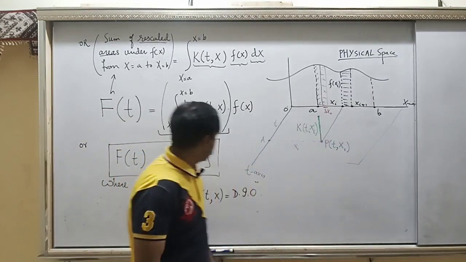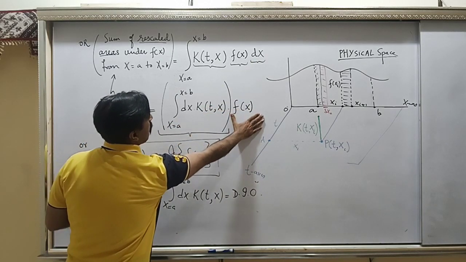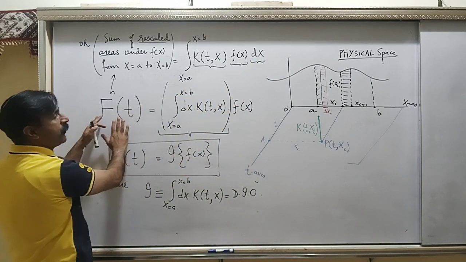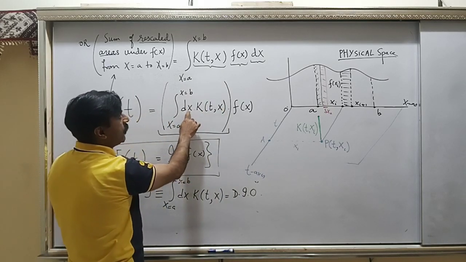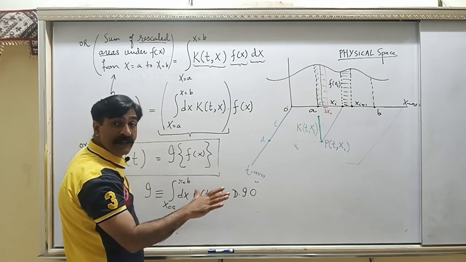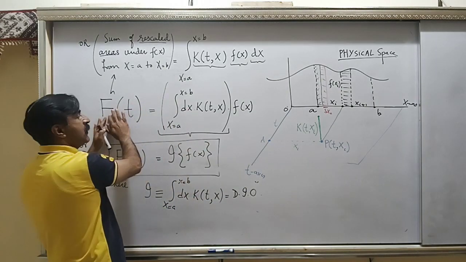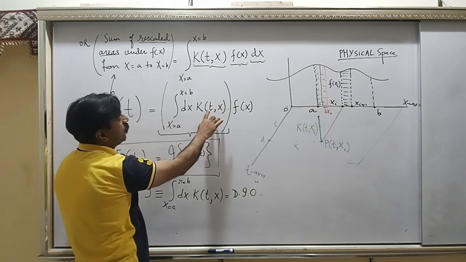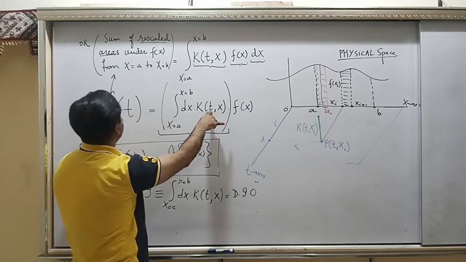This is the definite integral operator which is acting on f(x), and it is giving you a new function. Remember, there is an integration over x. The variable which is integrated in a definite integral vanishes in the final result. So there will be no x on the left hand side. So what you will have on the left hand side is only the variable t, right?